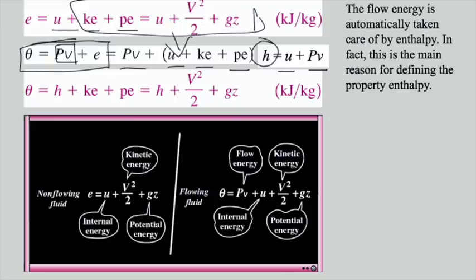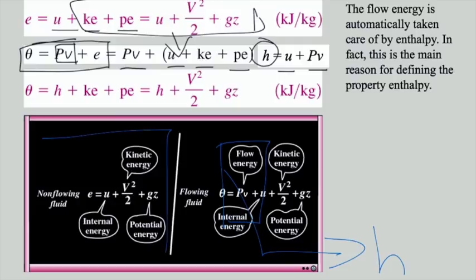Thus, again for clarity, for a moving fluid the energy balance is presented with the presence of enthalpy. This term here means enthalpy plus the kinetic energy and the potential energy. For non-moving fluid, we have internal energy only, without the term PV.